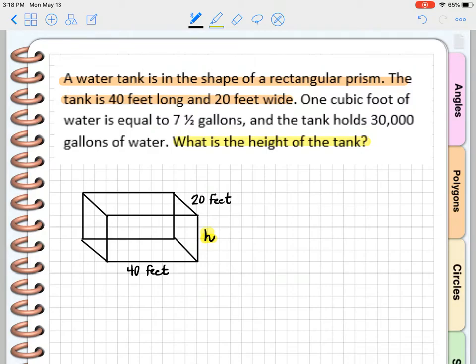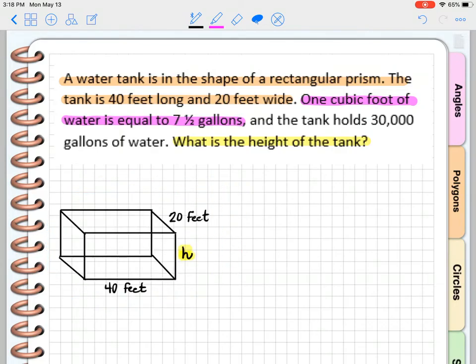And then we have the rest of this part. So let's read that carefully. 1 cubic foot of water is equal to 7.5 gallons. Well, that is a ratio. That's a comparison statement. So I'm going to go ahead and write that in ratio form and see if that leads me anywhere.